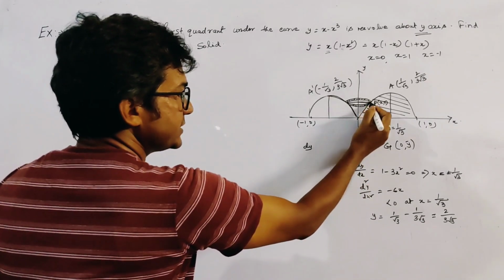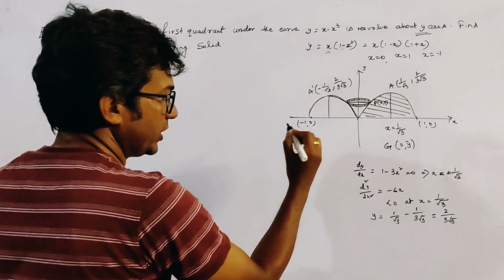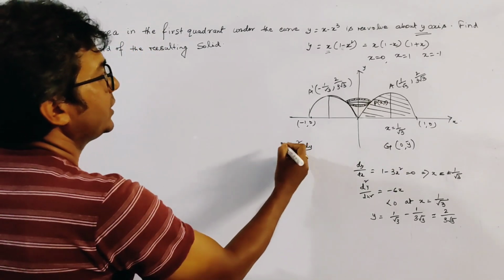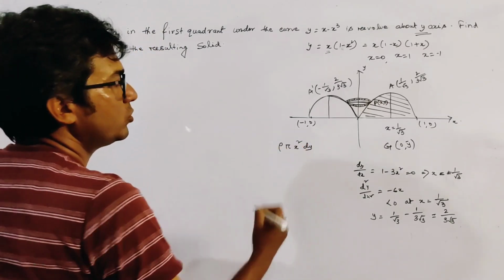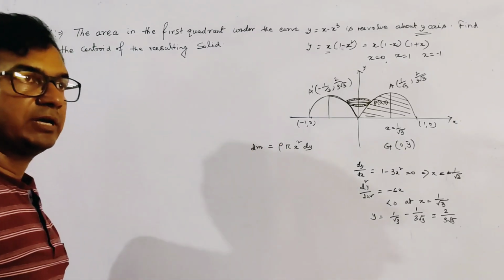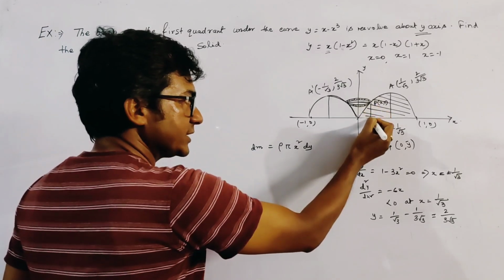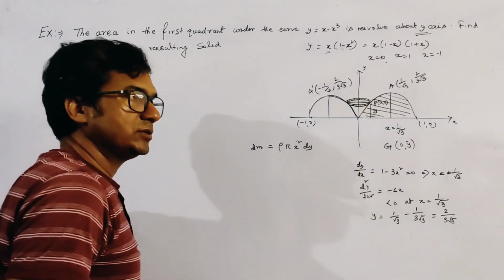The radius is x, so the volume is pi x square dy, and multiplying with rho we get the elementary mass dm. The distance of P from the x-axis is y.